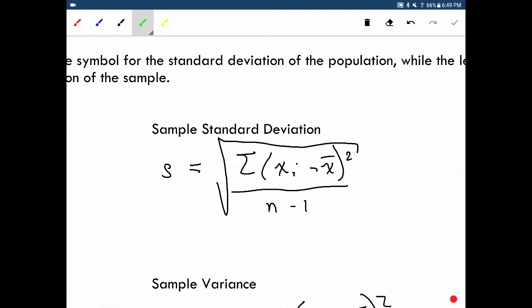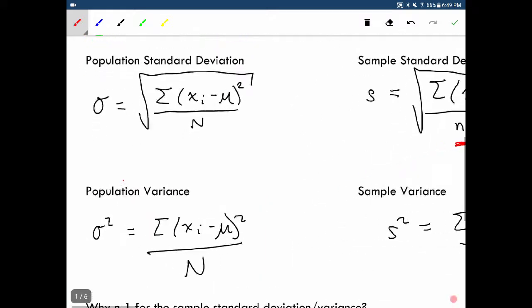For the sample standard deviation, obviously we use s and x bar, but the other difference you need to notice is that we are using n minus 1 on the bottom, not n. This is because when you're using a sample, you need to compensate for the fact that it tends to underestimate the deviations in the population, which I've already written down here too.